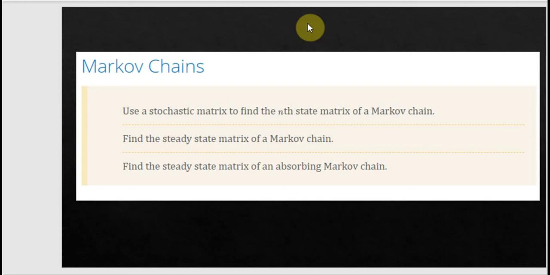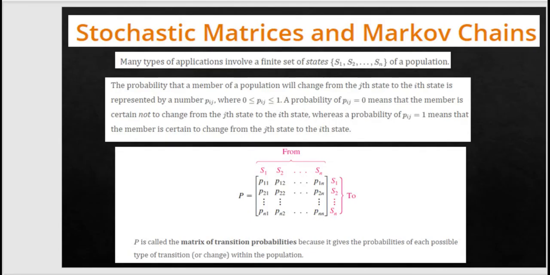So first, let's just deal with some basic definitions. Stochastic matrices and the idea of a Markov chain. Many types of applications involve a finite set of states. Here these states are said to be S1 all the way to S sub n.